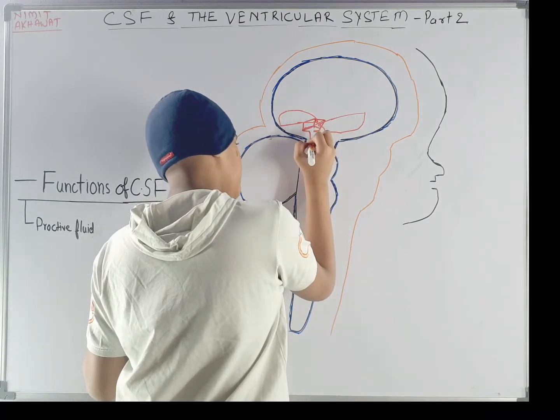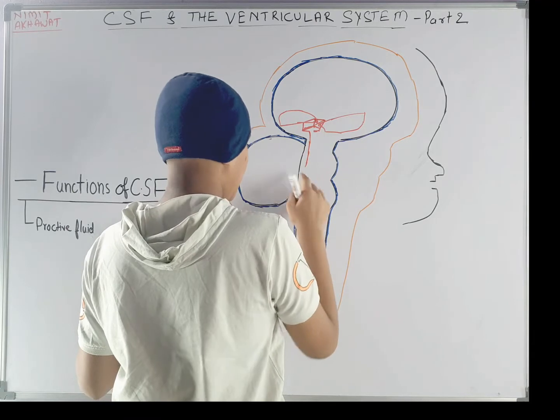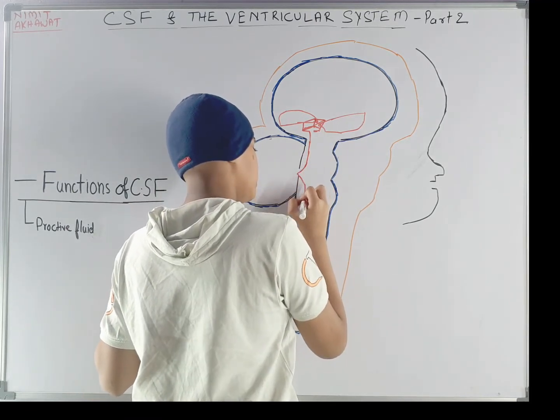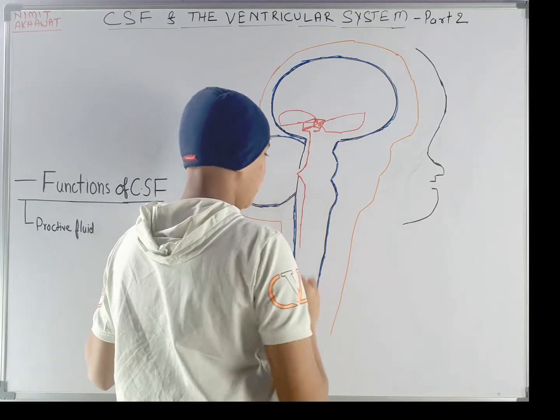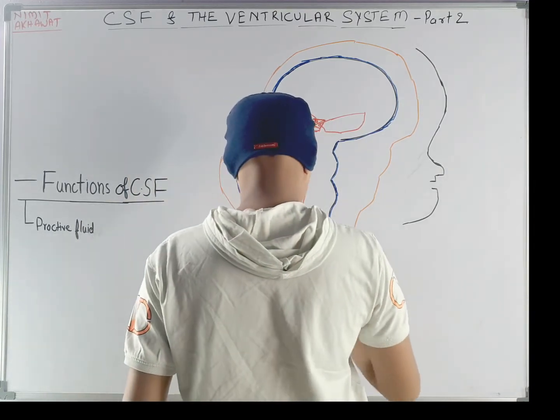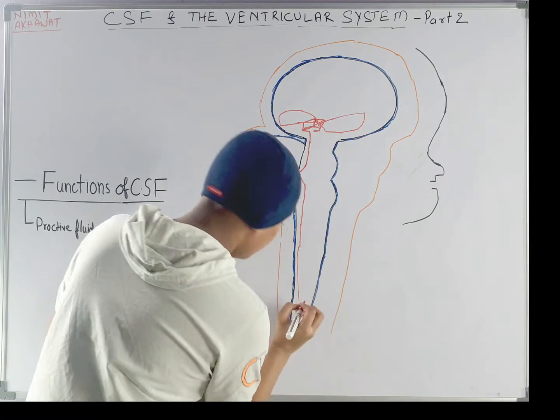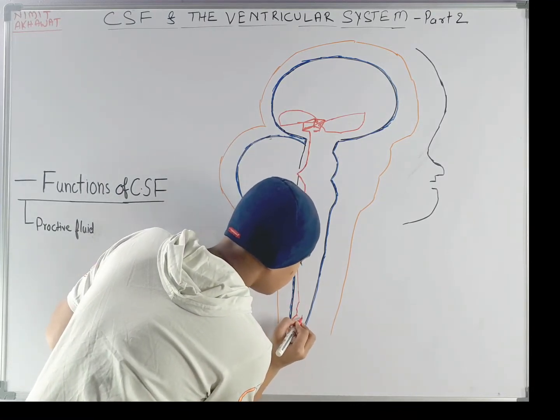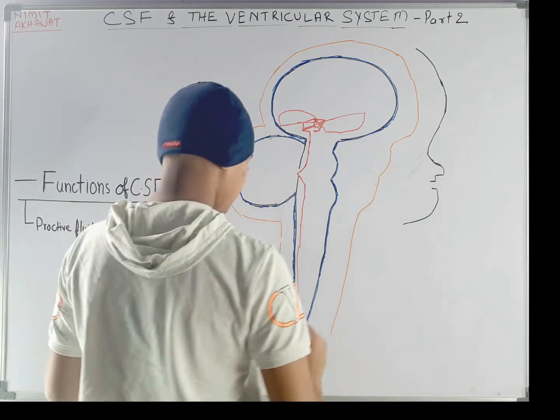And from the third ventricle, the cerebral aqueduct extending downwards forms the fourth ventricle with the central canal, and here is the terminal ventricle at the end of the spinal cord.